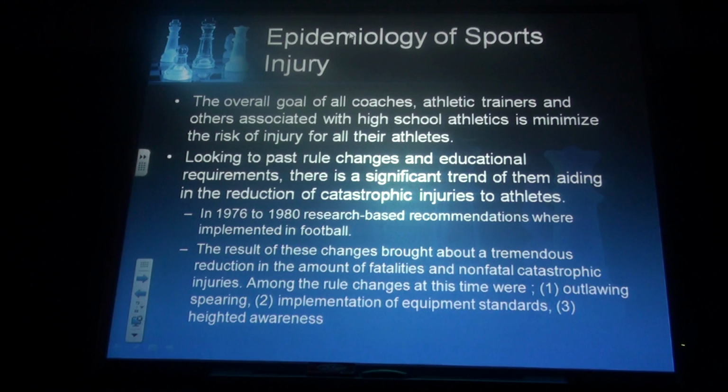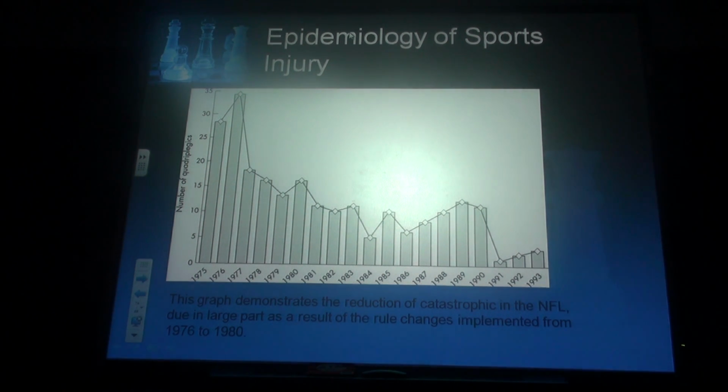Among the rule changes at this time were, number one, outlawing spearing, which was hitting with your head, and number two, implementation of equipment standards, meaning this is what requirements your equipment has to meet for somebody to wear it to play football. And three, heightened awareness, trying to make people more aware of what they're doing and how they're tackling and how they're hitting. Here's what happened.